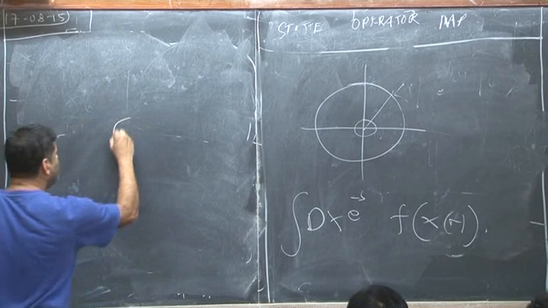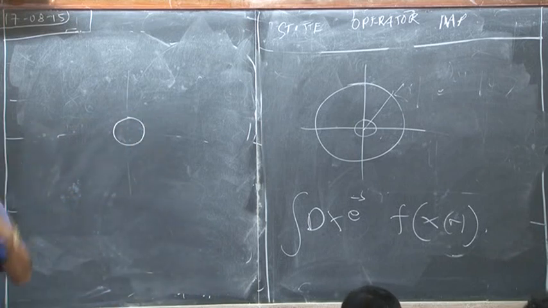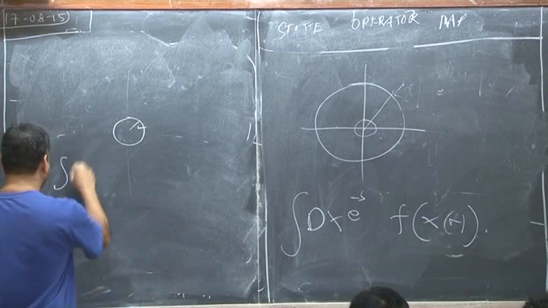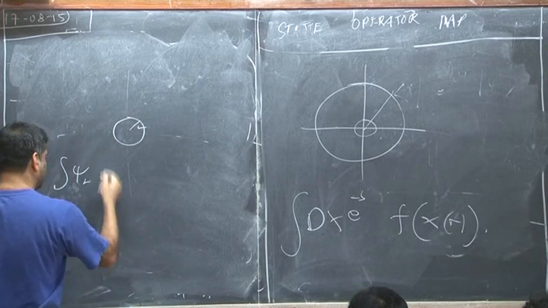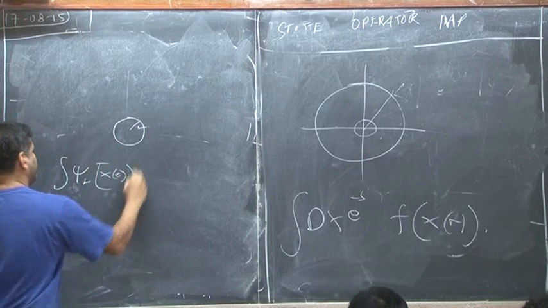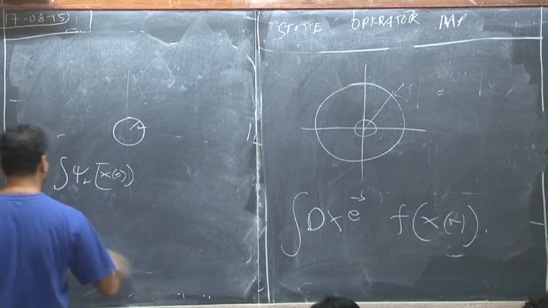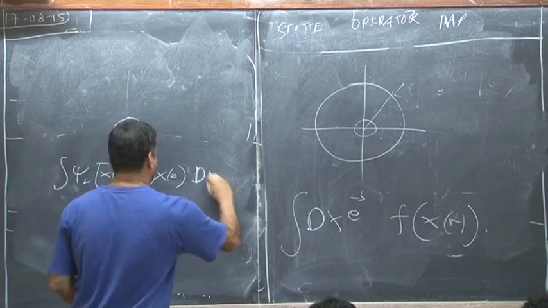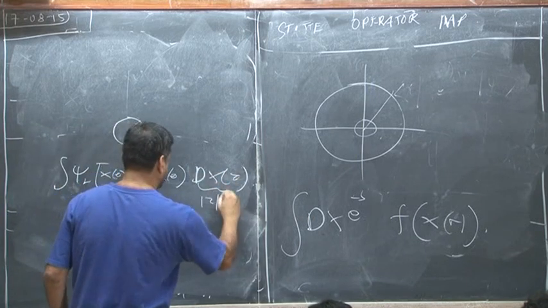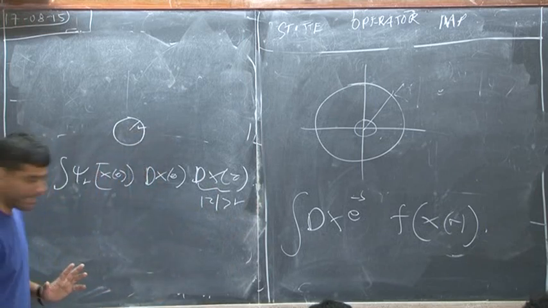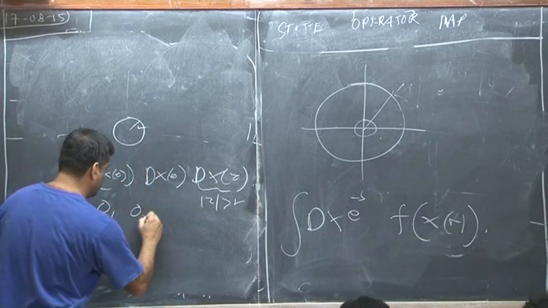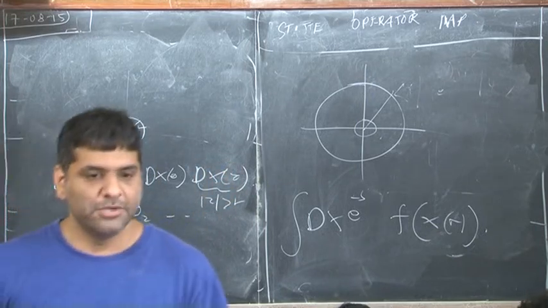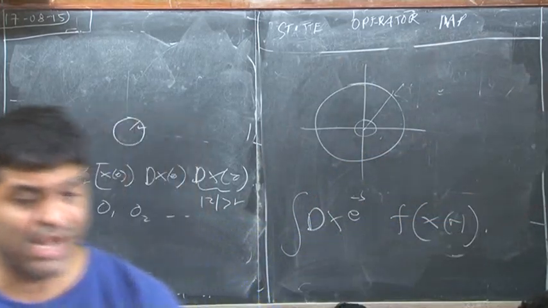The prescription was, if you know the state on a disk of some radius r, you take the state at that radius r, of x of theta, and then do the path integral over dx of theta and dx of z, and put all your other operator insertions on the plane where they all have support outside this disk. This was our prescription for how to use a state to compute correlation functions of operators that are outside that.